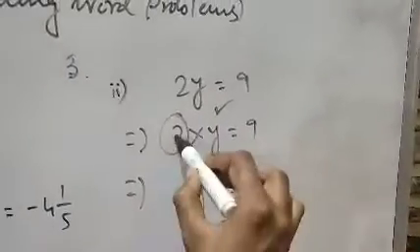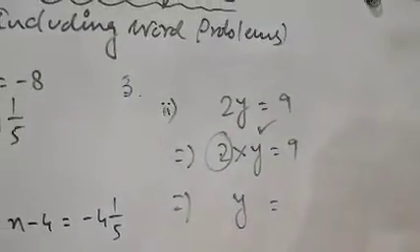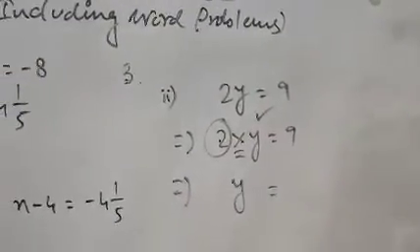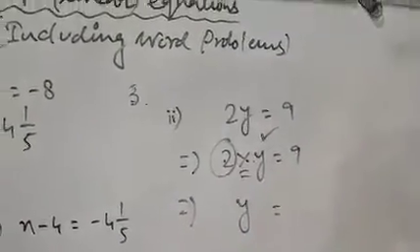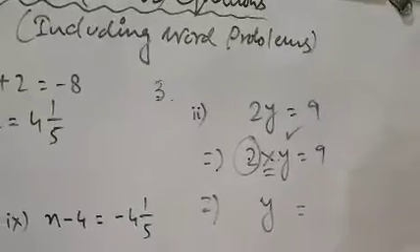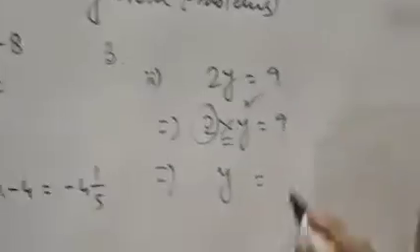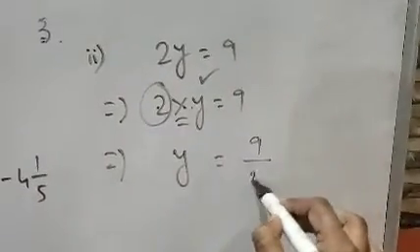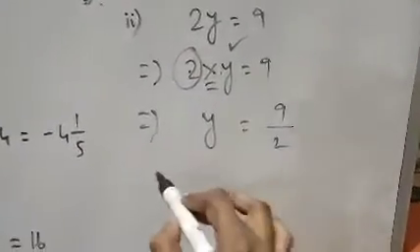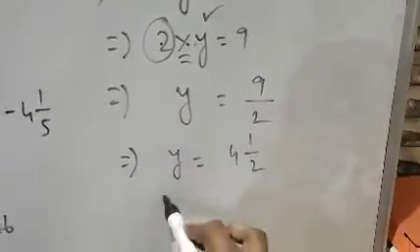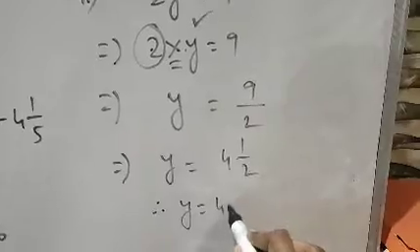Here 2 is multiplied with y, that means the sign is multiplication. Whenever you transfer this 2, the multiplication sign will get its reverse sign, and the reverse sign of multiplication is division. So 2 will be divided, and division means it will be in the denominator form. Now converting this into mixed fraction, this will be 4 upon 1 by 2. Your answer is 4 upon 1 by 2.